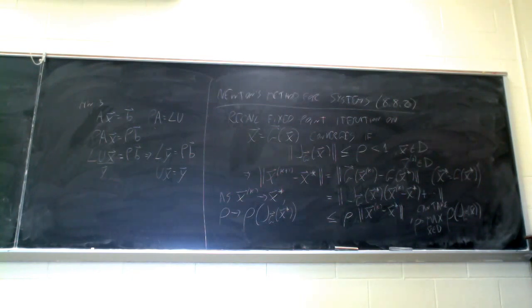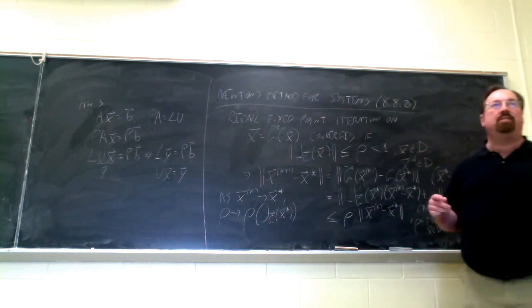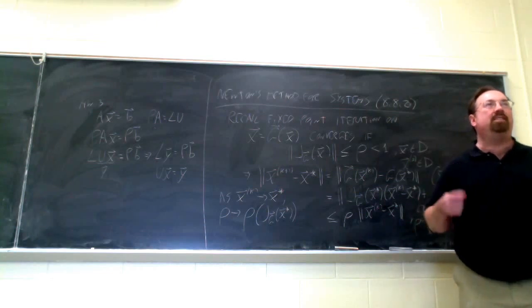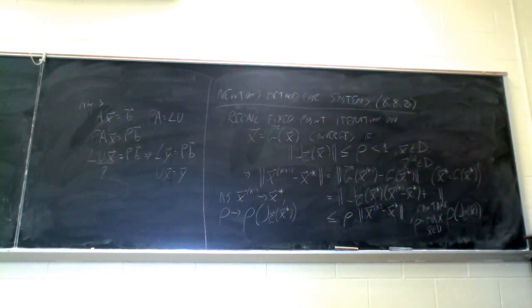Instant convergence? Not instant, because we covered certain kinds of convergence last semester: linear, superlinear, quadratic, etc. What kind of convergence is this? Anyone who took the class last semester should know what kind of convergence this is.